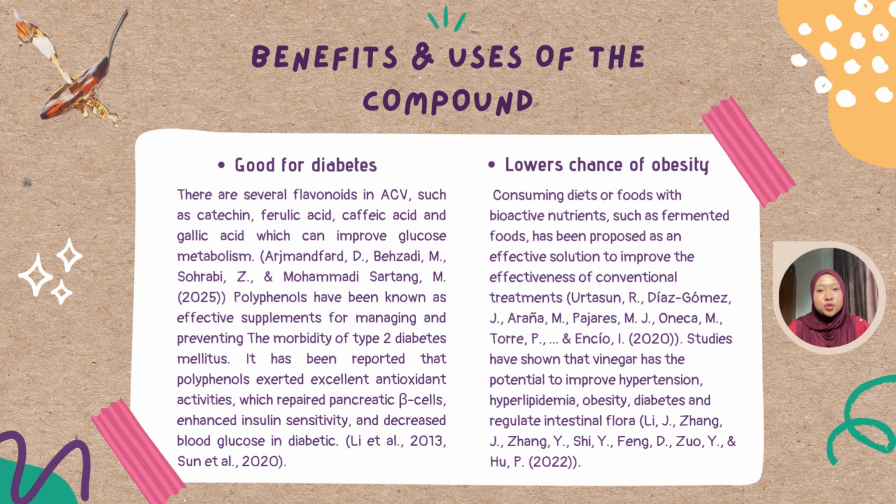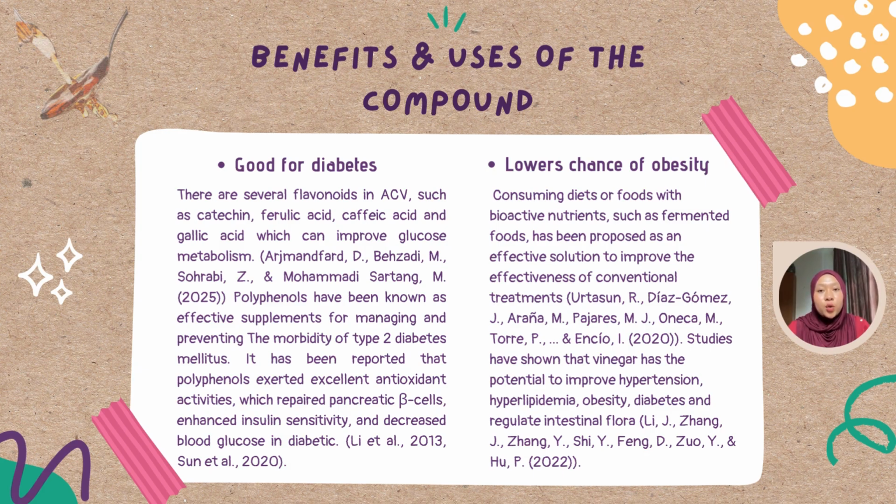Next, vinegar is also good for diabetes. There are several flavonoids in ACV such as catechin, ferulic acid, caffeic acid, and gallic acid, which can improve glucose metabolism. Polyphenols have been known as effective supplements for managing and preventing the morbidity of these two types of diabetes mellitus. It has been reported that polyphenols exert excellent antioxidant activities, which repair pancreatic beta cells, enhance insulin sensitivity, and decrease blood glucose in diabetics.